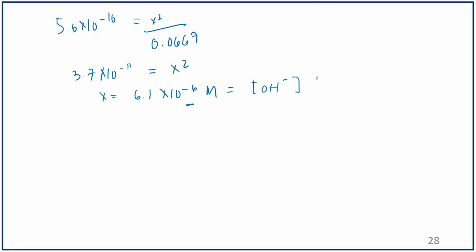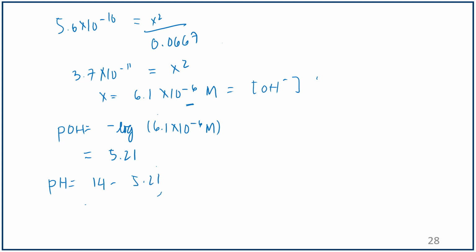But the pOH of the solution should be the negative log of 6.1 times 10 to the negative 6 molar. We can get the pOH from the hydroxide ion concentration value. This will be equal to 5.21, and therefore the pH of the solution should be 14 minus 5.21, which is equal to 8.79.